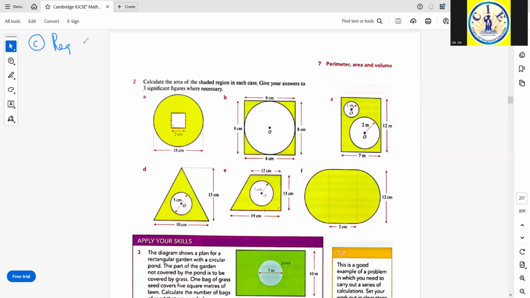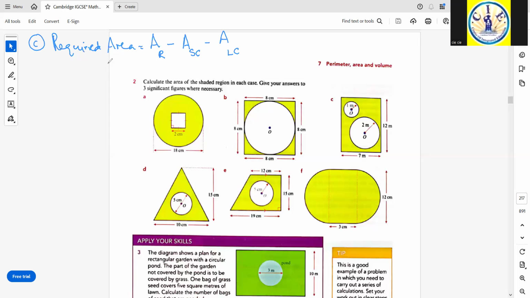Okay. In the same way, this is part C now. Required area is actually equal to area of the rectangle minus area of small circle and then area of the larger circle.